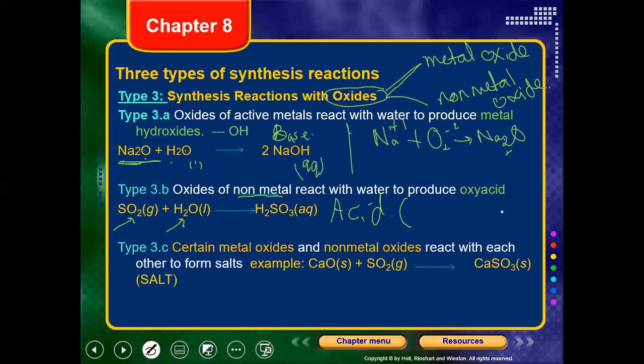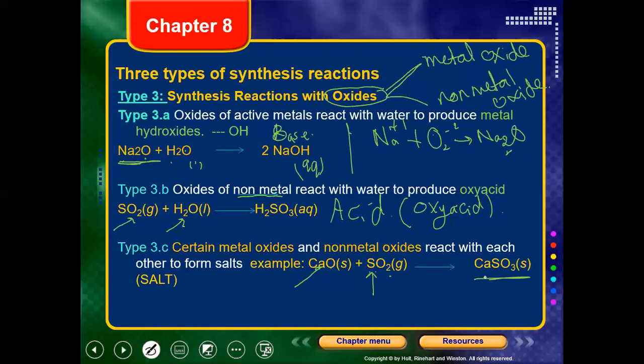So you will get an oxyacid. Like sulfur dioxide reacts with water, you will get sulfurous acid, okay? Another form of synthesis reaction is the reaction between active metal oxides plus non-metal oxides. The product is a salt. As you can see here, calcium oxide plus sulfur dioxide, the product is calcium sulfite, which is a salt.